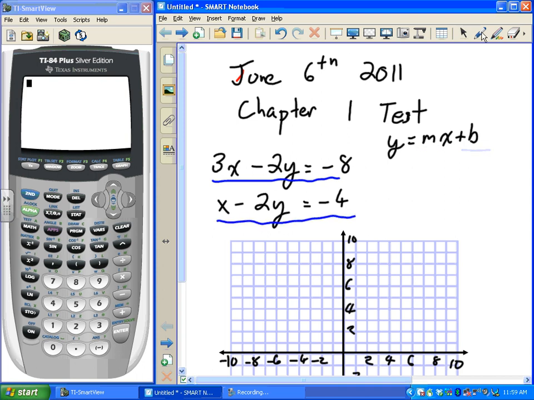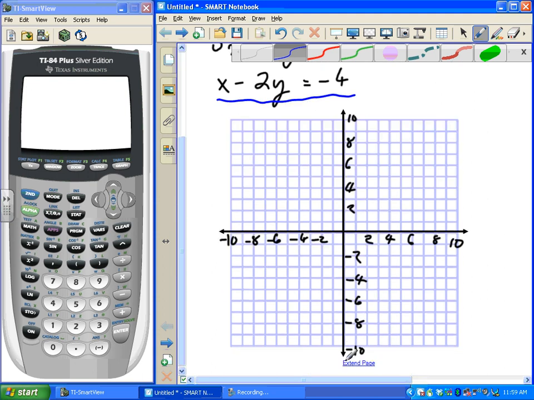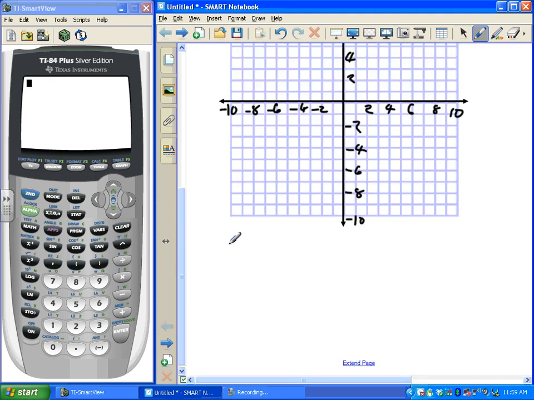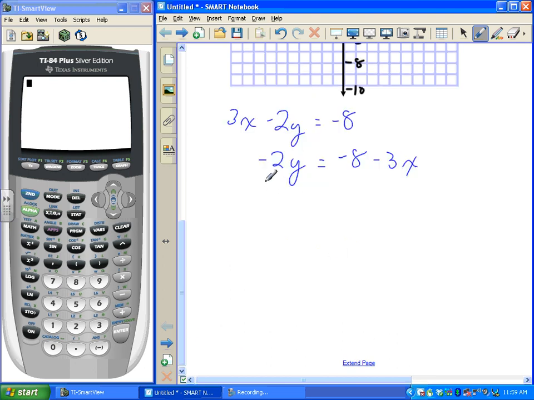So I'm going to take the first equation, we'll do it in blue, 3x minus 2y equals negative 8. I'm going to set it equal to y. So I'm going to bring the 3x to the other side of the equation, and this is going to become negative 8 minus 3x. I need to isolate for y, so I'm going to divide both sides of the equation by negative 2.